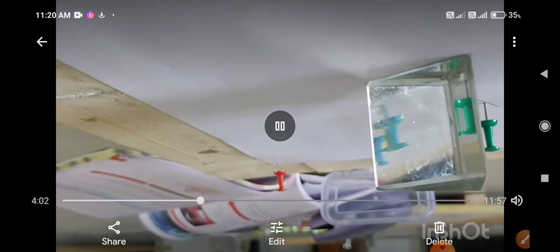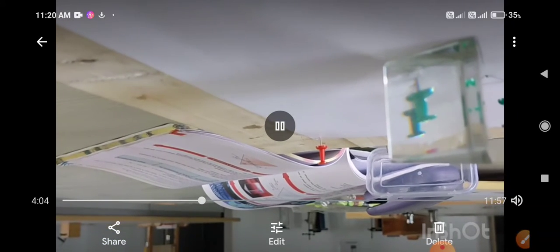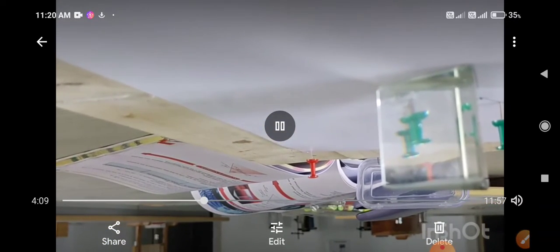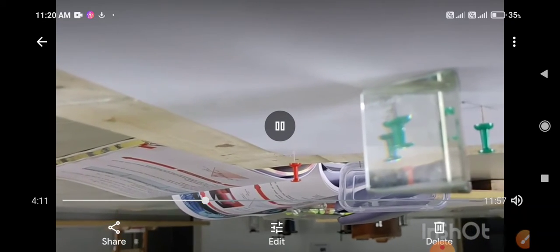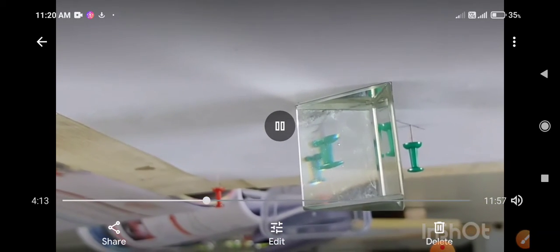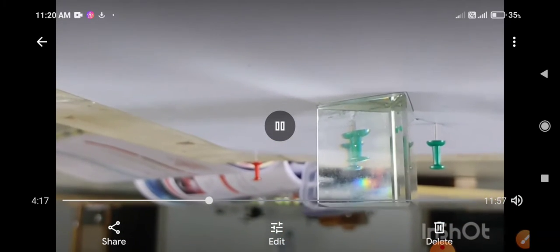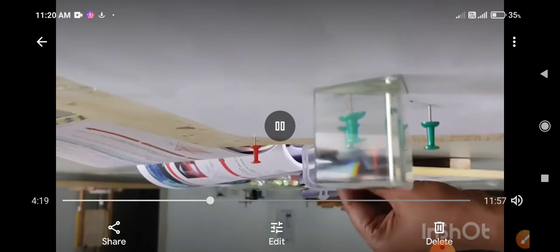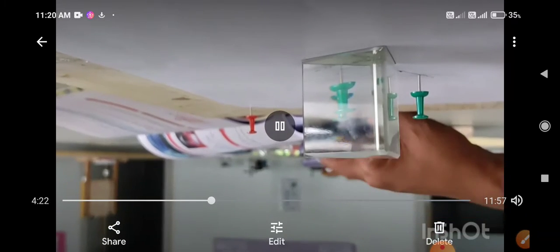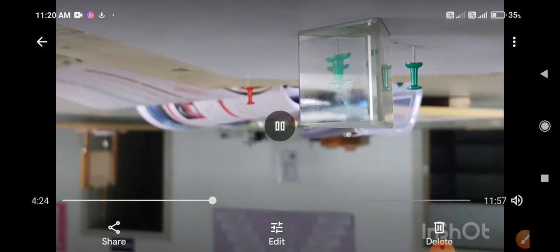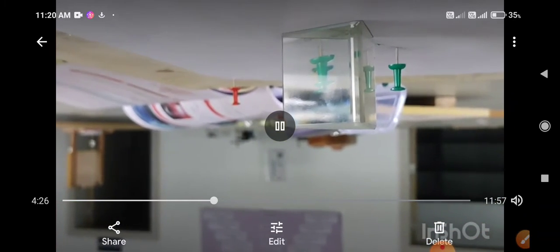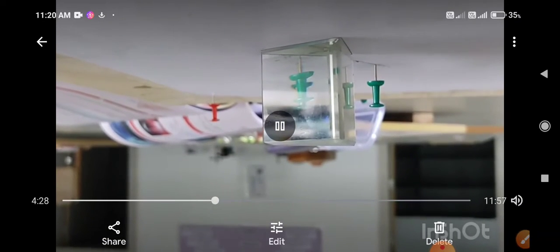Through that prism you are getting the refraction. Now in this way, through the prism you have to find out where you are getting the refraction, and align with those two pins only you have to mark the emergent ray.